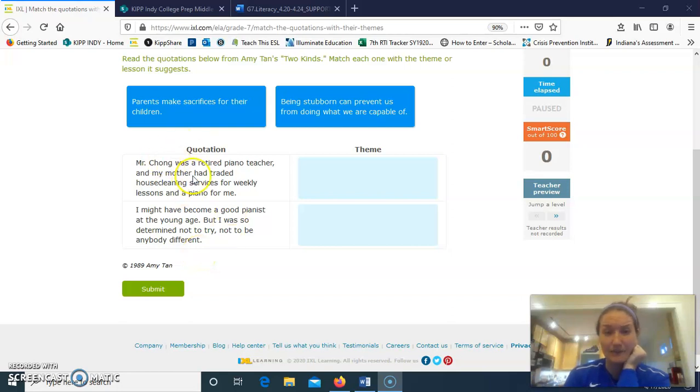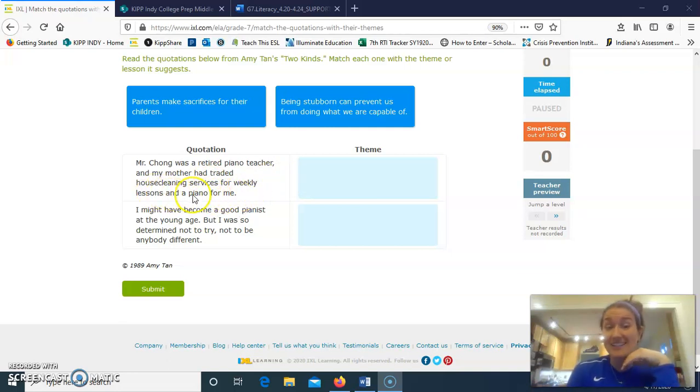As I look at this top quote, I see that her mother has made some sort of sacrifice. It says she traded house cleaning services for weekly lessons and a piano for me. If I zoom in on the most important words or phrase in that sentence, I see that it's her mom traded is what her mom was doing, and she traded house cleaning services, that's hard work, for weekly piano lessons and a piano for me.